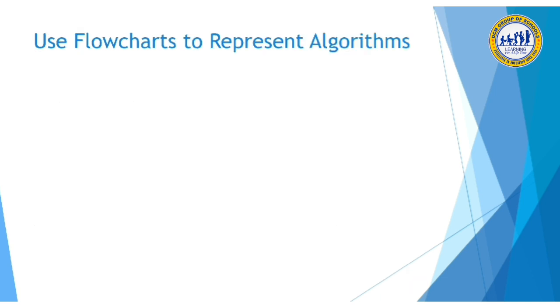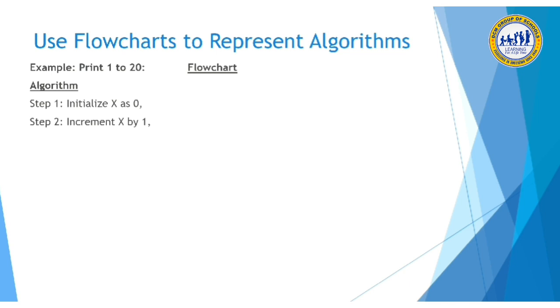Now that we have the definitions of algorithm and flowchart, how do we use a flowchart to represent an algorithm? Let us look at an example. Here in this example, we need to print a sequence from 1 to 20 on the screen. In the very first step of the algorithm, we will initialize x as 0. In the next step, we are required to increment x by 1 and then print 1 on the screen.